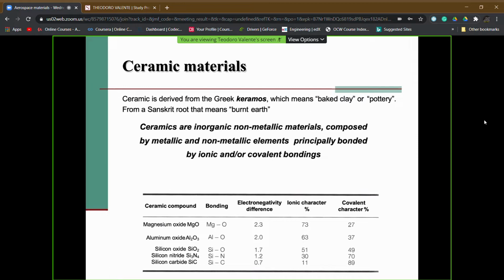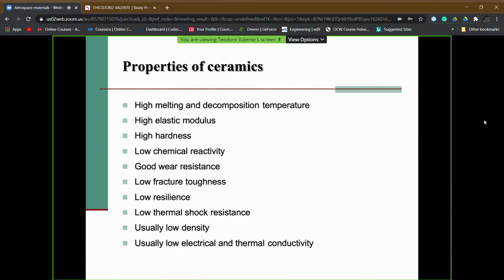In this case, the electronegativity difference is quite low, and so essentially, or mainly, the character of the bond is covalent, to something which is near to 90%. So we do have more ionic or more covalent, but in any case, no metallic bonds, depending on the electronegativity difference.